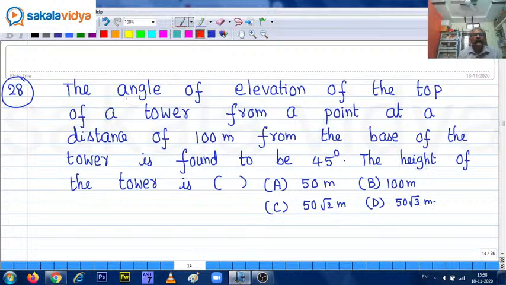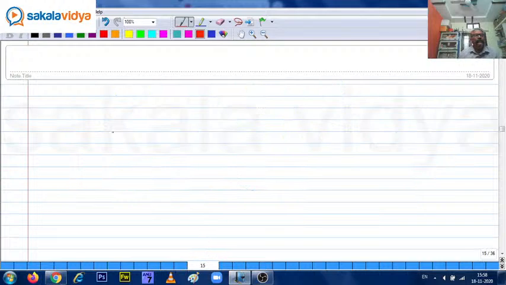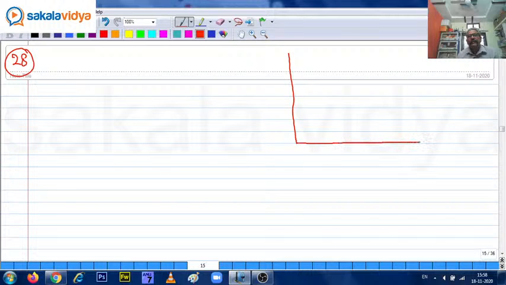See, the angle of elevation of the top of a tower from a point at a distance of 100 meters from the foot or base of the tower is found to be 45 degrees. The height of the tower we need to find out. So this is the tower. At a distance of 100 meters, the point of observation is there. The angle of elevation is 45 degrees.